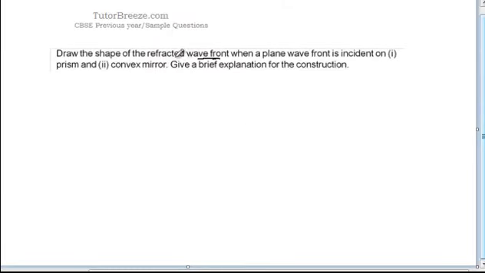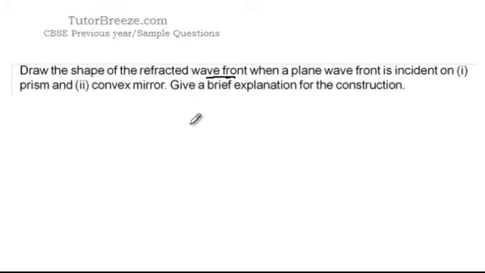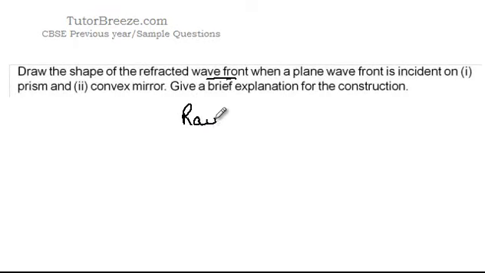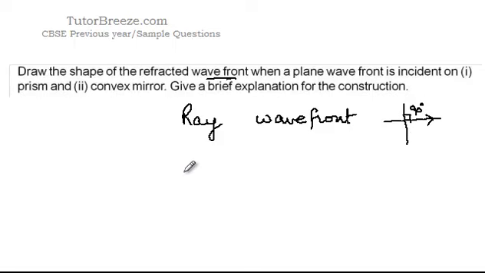For questions like this where you are asked to draw the wavefront, it's easiest to first draw a ray and then to draw a wavefront which is going to be perpendicular to the ray. Wavefront, and this is a ray. So if this is the ray of light and then this is the wavefront, they're going to be at 90 degrees with each other.